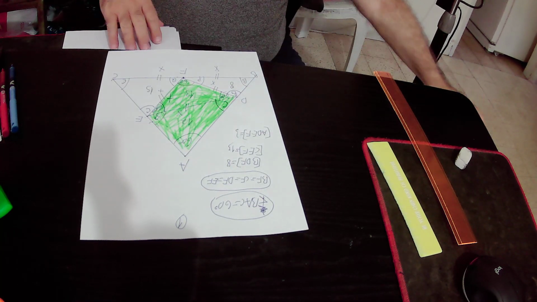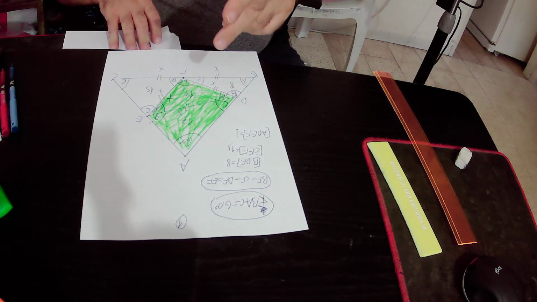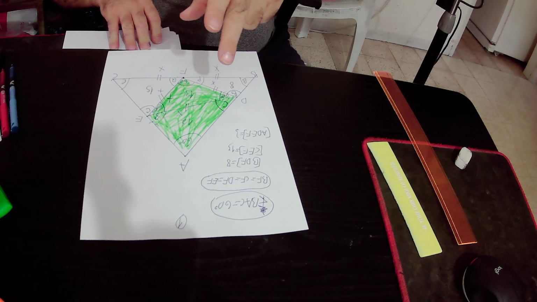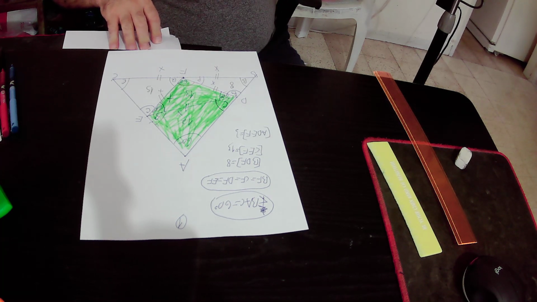Okay, and then we repeated the same process on AC. We know that AC is one of the sides of triangle ABC, therefore it is a straight line, and we know that the sum of the angles on a straight line equals 180 degrees.